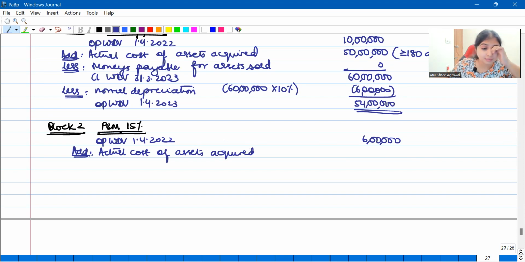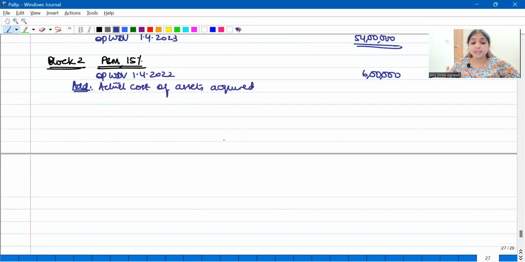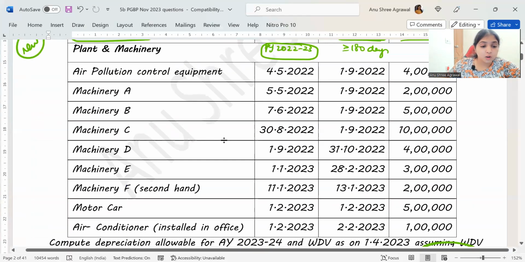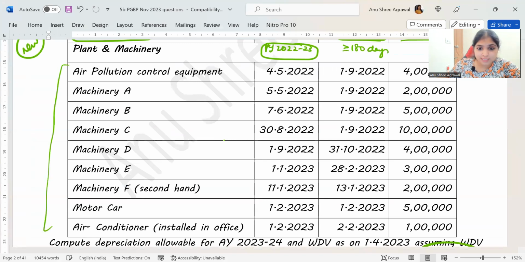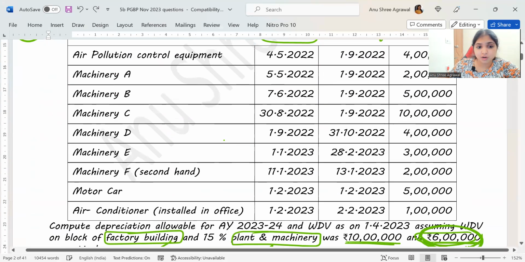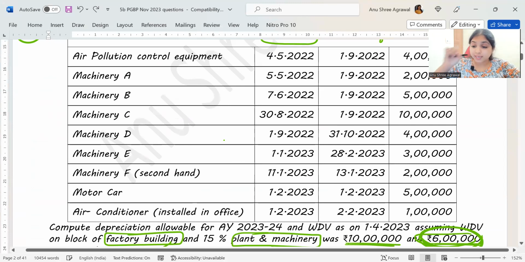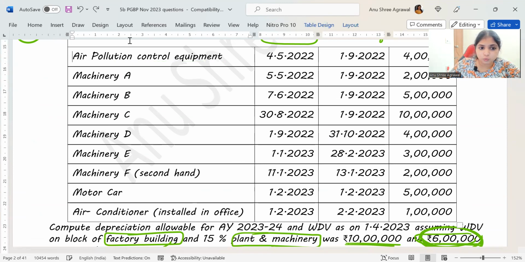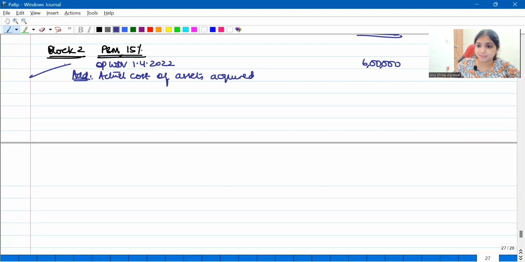Now, this is where the whole trick is in the question. Add actual cost of assets acquired. Let us see what are the assets acquired. Look at this. All of these plant and machineries that we have acquired during the year. Tell me, air pollution control equipment, will it go into this block? It is plant and machinery category, but is it 15% plant and machinery category?